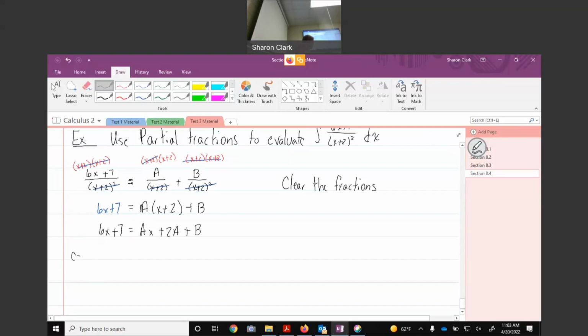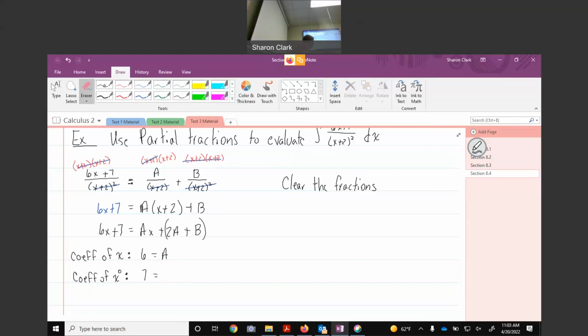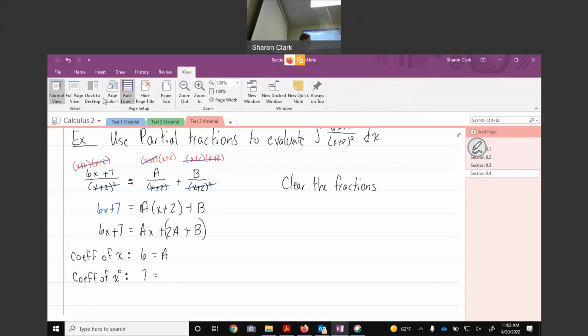So the coefficients of x: 6 equals A. Coefficients of x to the 0: 7 equals 2A plus B. The pen is not working today.